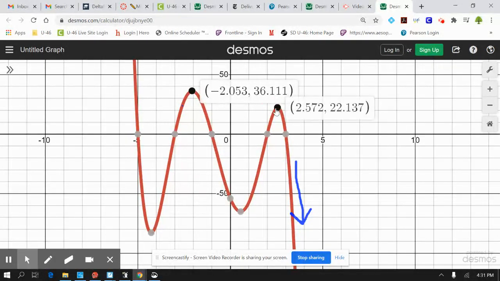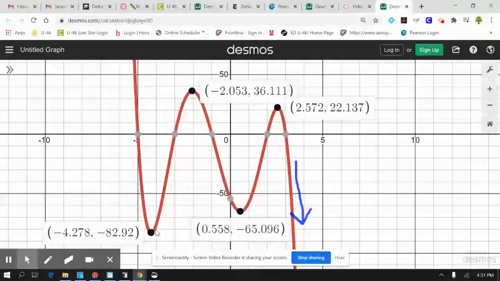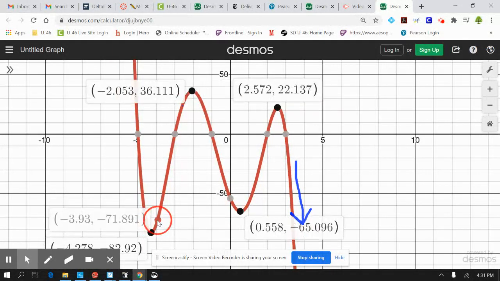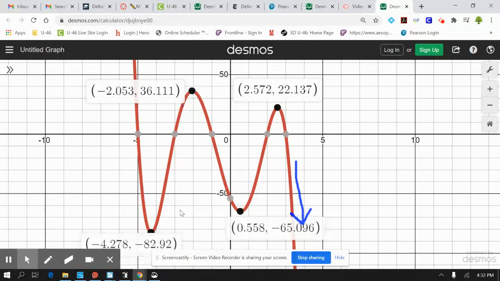Same thing with this. So this function has two relative maximums, 36 and 22. It also has two relative minimums, negative 82 and negative 65. Negative 82 is really low. It's lower than negative 71. It's lower than negative 65.